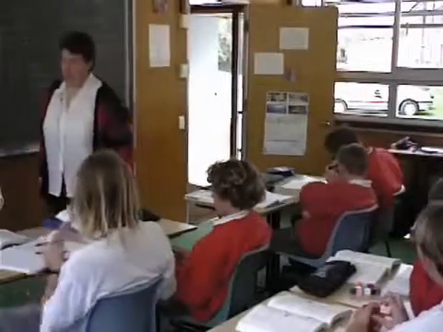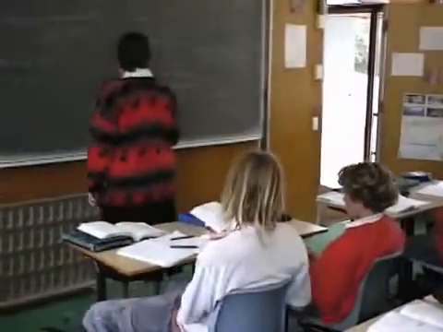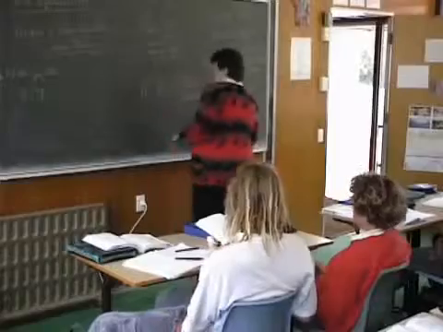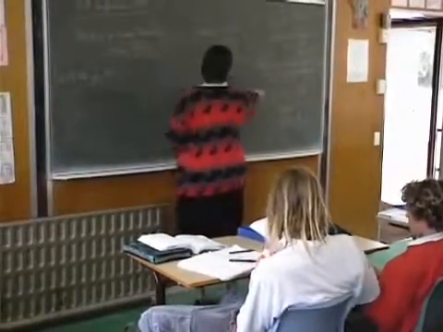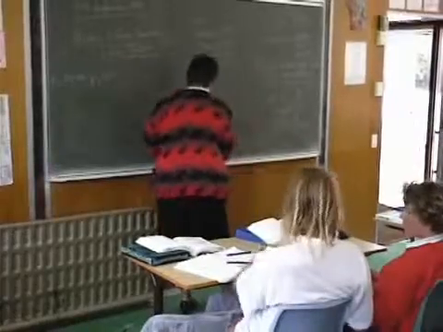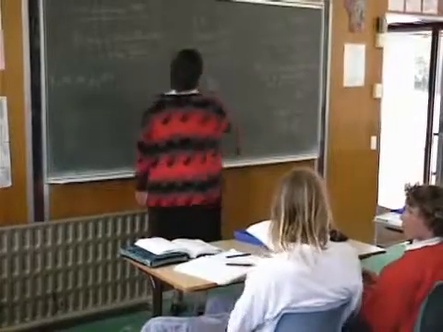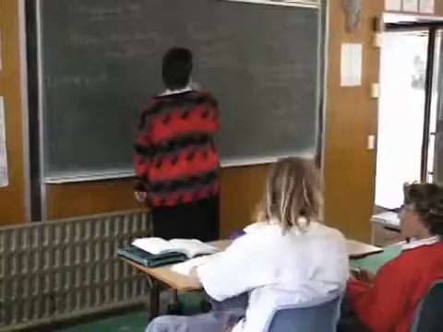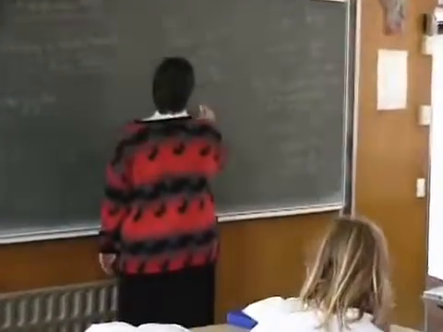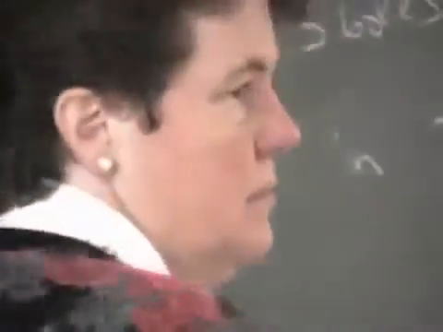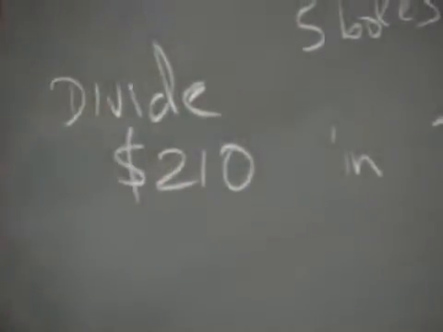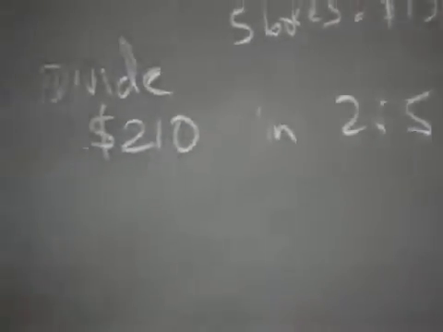Okay, good. All right. I want to show you one more way of writing these questions out before you start, and then you can have a choice of ways. Let's go back to our $210. So we have divide 210 in the ratio 2 is to 5. Now this is just an alternate way of setting out your working.